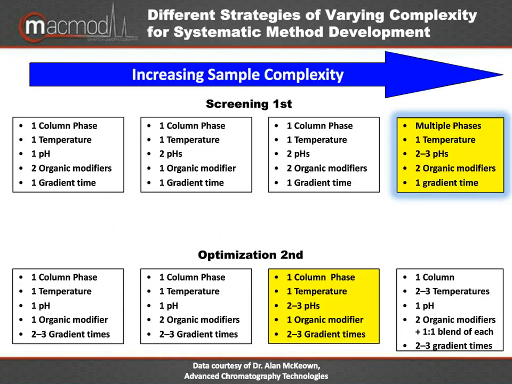This next slide shows an example of different method development strategies of varying complexity for doing systematic method development, starting with the least complex samples and going to the right with the most complex samples. In the first box on the top left, one column phase, one temperature, one pH, possibly two organic modifiers, meaning acetonitrile and methanol, for example, and one gradient time, which you might pick to be an effective k-star value of like 3 or 5.